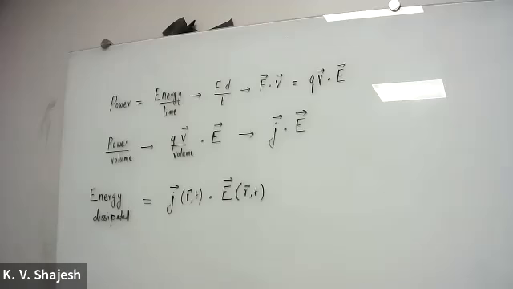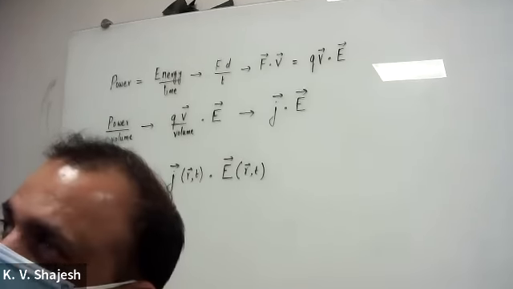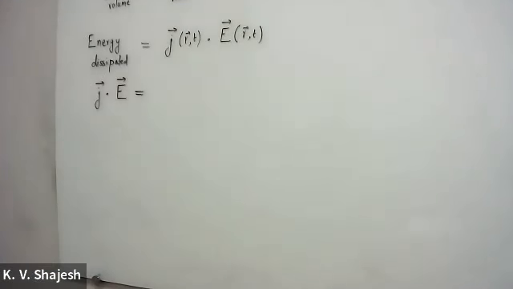So let's begin with this. Let's start with J dotted with E and see what we can conclude using Maxwell's equations. What is J dotted with E? Let's do some manipulations and learn something. That's J dotted with E. What I'll do is, as much as possible, I want to get rid of all the sources and write everything in terms of the electric field.